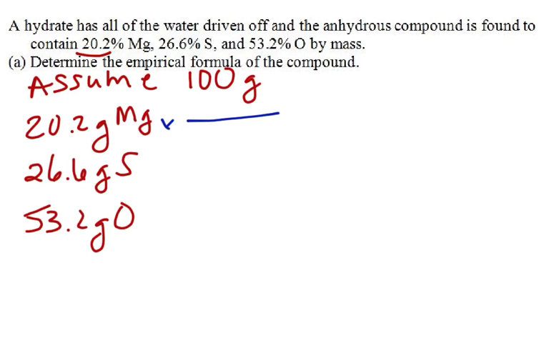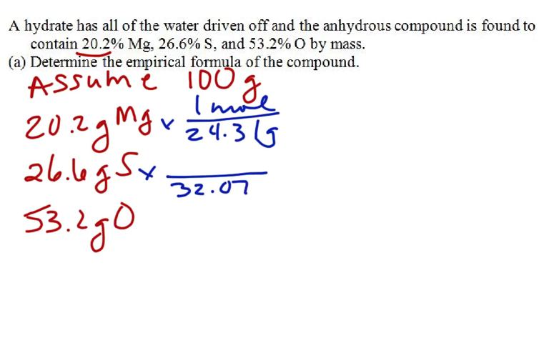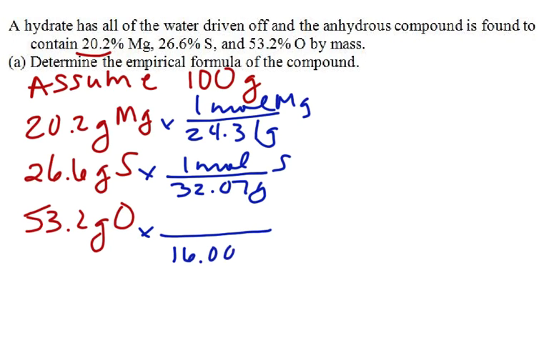We're just going to use the atomic mass. So we'll look on the periodic table and see that that's 24.31 grams for 1 mole. And for sulfur, we will use the number 32.07 grams for 1 mole. These are the atomic masses of magnesium and sulfur. And for oxygen, we use 16.00 grams for 1 mole.